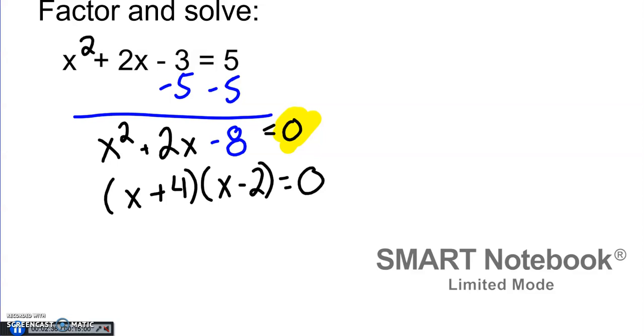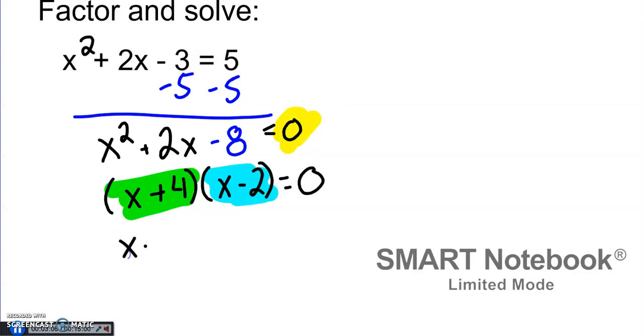So we want to see when x plus 4 would be equal to 0, because if that's 0, well, 0 times x minus 2 is still 0. Likewise, we want to see when x minus 2 is equal to 0, because if x minus 2 is 0, then x plus 4 times 0 is still 0. That's the zero product property. So let's break it apart.